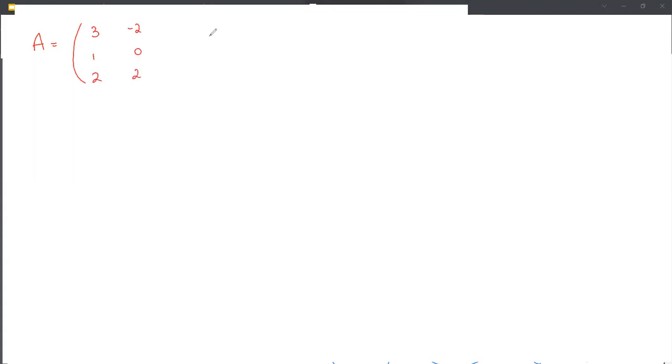And they gave us that B is equal to 0, 1, 3, 2, 2, 0. And they asked you to find A plus B. You cannot find A plus B, right? And if they give you a question like this, you let them know we cannot add a matrix like this.